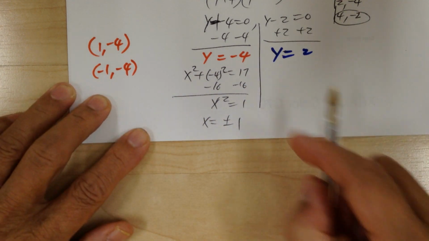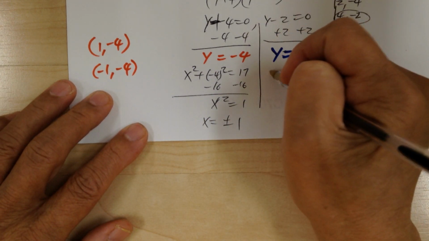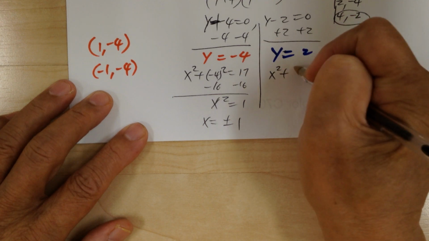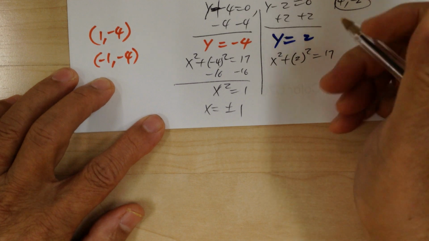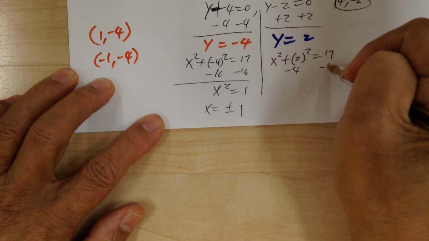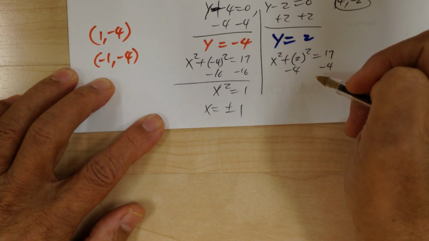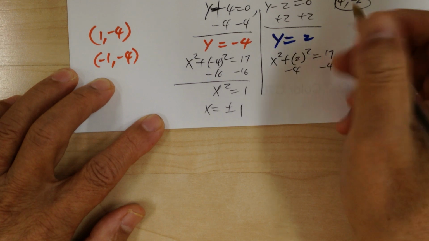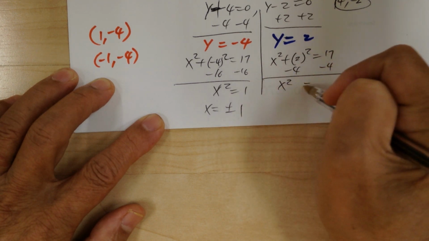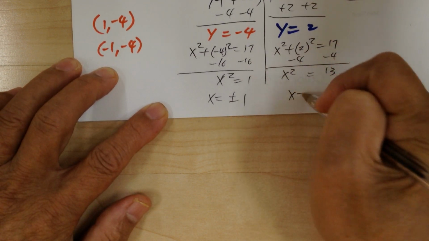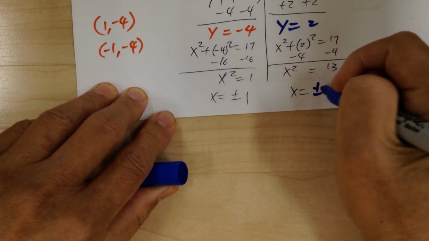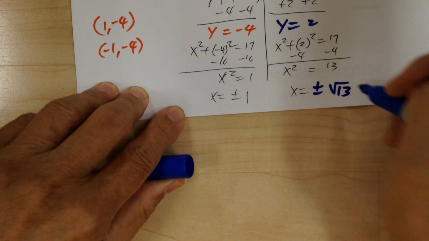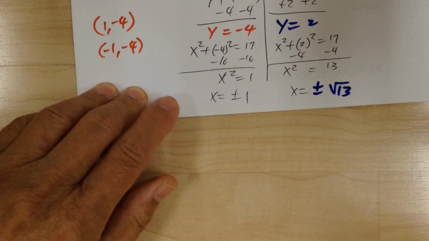Okay. Over here, you do the same thing. I'm going to have x squared plus 2 squared equal to 17, and minus 4 on each side. Okay. So I get x squared equal to 13. So x equal to plus or minus square root of 13. Okay. I'm going to color code.